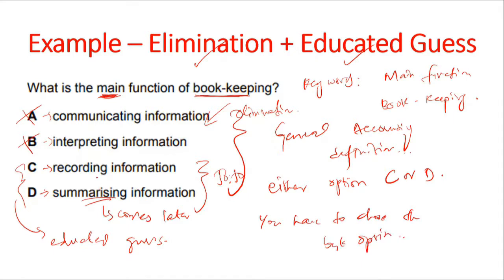So in this case, the best option really is option C, recording information. A bookkeeper's main function is to record information. That's the first step. Whenever a financial transaction occurs, the bookkeeper will first record the information, and then you will follow the other steps, which are to summarize, communicate and interpret the information. But the first step is to record. So this is where your educated guess would come in. You would make a logical guess that recording is the first step that the bookkeeper will take, and that's the main duty of the bookkeeper.